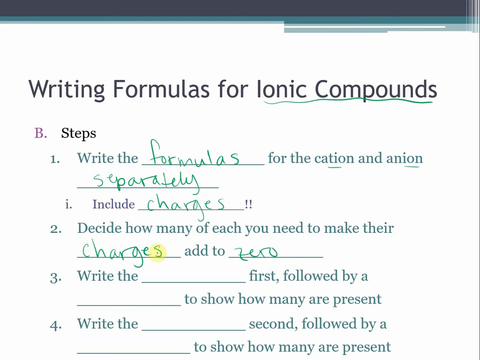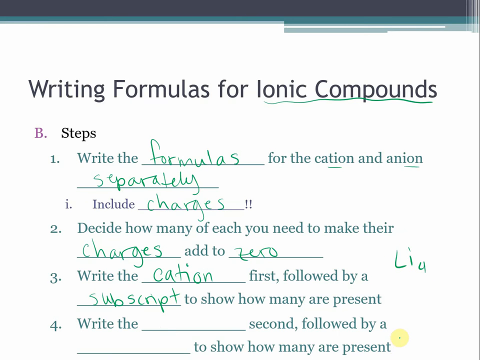Step number 3 is to write the cation first. Remember, the positive always goes first, so the metal will go first, and then follow it with a subscript to show how many are present of your cation. So if you need 4 lithiums, you'll write Li and then a 4.